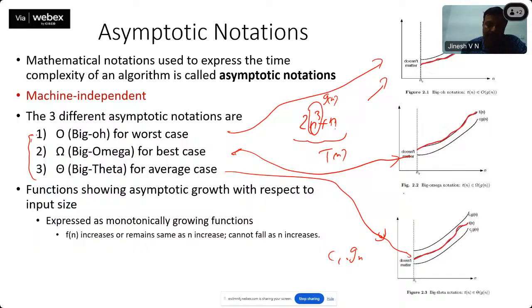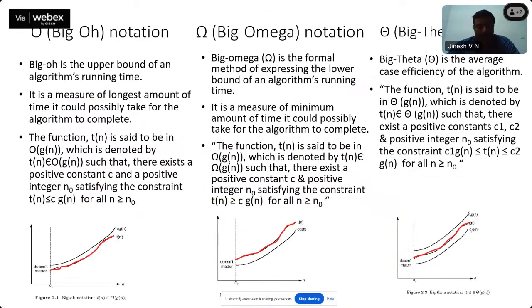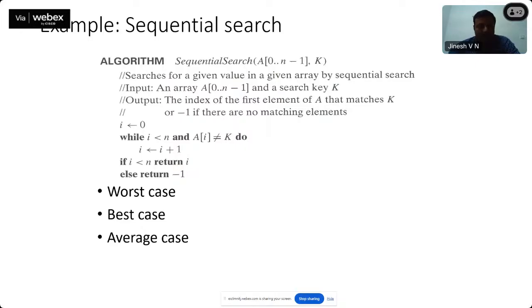You have a dominant function, and if you are able to find c1 and c2, two constants, so that c1 g of n will be growing faster than your function, and c2 g of n will be growing less than your function, so that your function will always be in between these two boundaries, then this notation or representation is known as the average case notation. This example you can see.